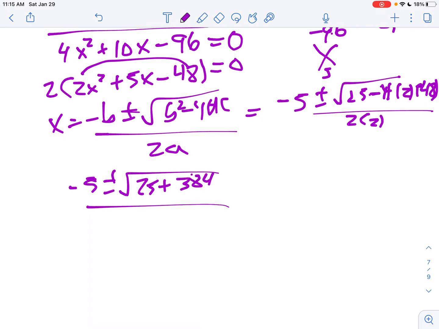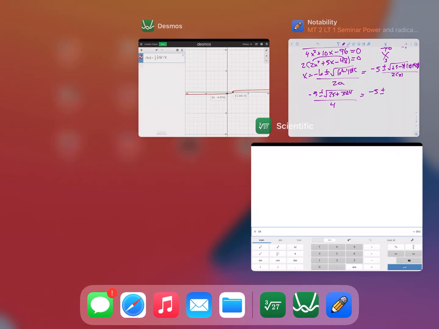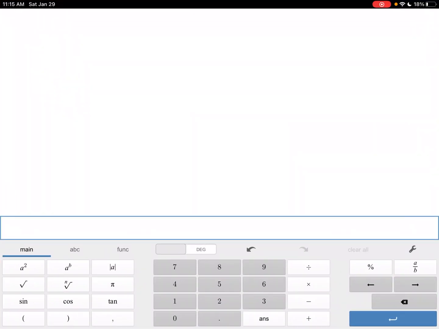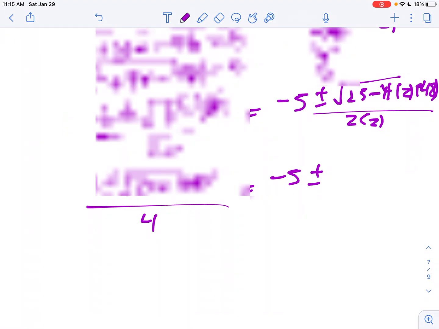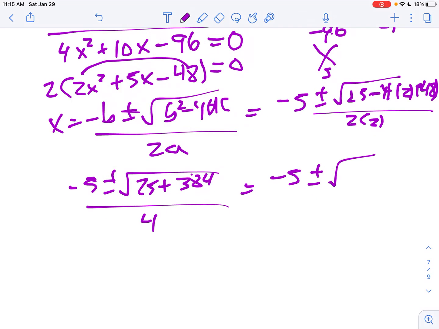All over 2 times 2, which is all over 4. So I got negative 5 plus or minus, and let's go 25 plus 384. Then you get the square root of 409, all over 4. And there's your exact answer.